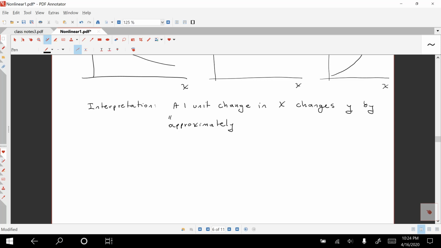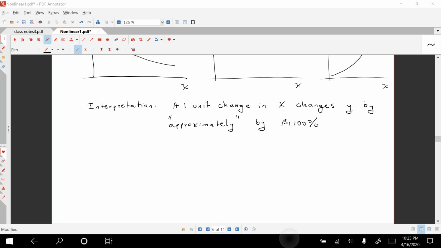Make sure that you emphasize this is just an approximation. When we're interpreting the coefficient, we look at a 1 unit change in x, and we look at how y changes in terms of percentage. The percentage change is beta 1 times 100%.